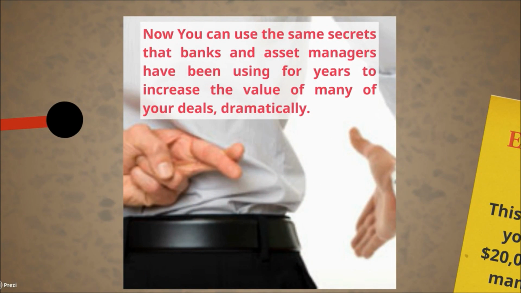And to reiterate, most insurance contracts obligate insurance companies to pay monies in the form of a check, which means as a person who has control of a property, you have the ability to manage the financing of the improvements on the property. This means that now you can use the same secrets the banks and asset managers have been using for years to increase the value of many of your deals.